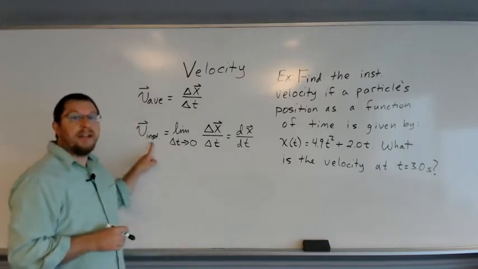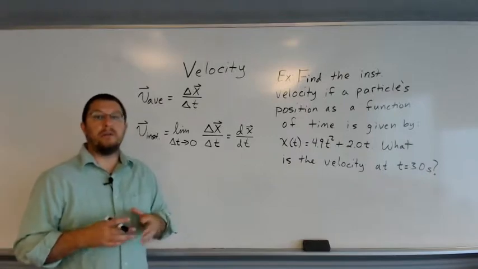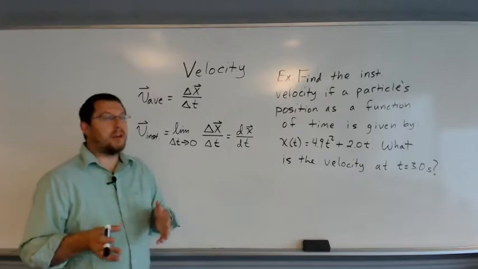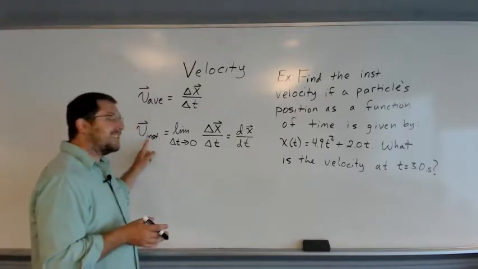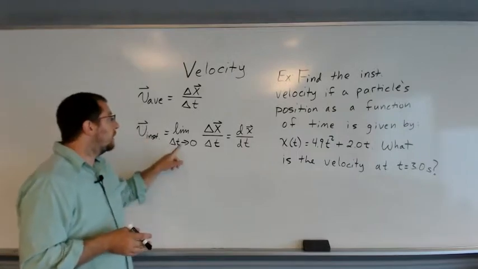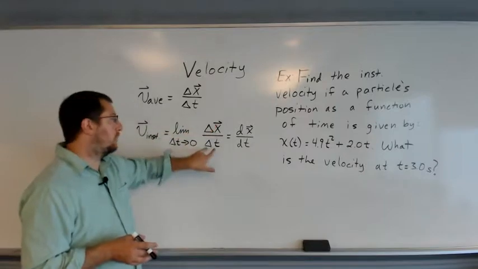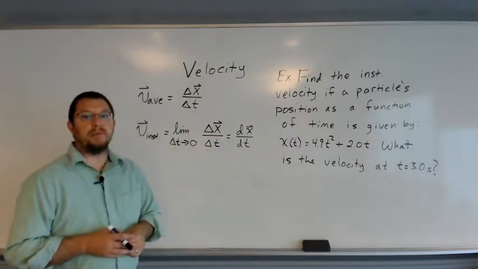However, your instantaneous velocity, the velocity that, say, a radar gun used by police officers measures for cars on the highway, is the change in position with respect to your time interval in the limit that the time interval goes to 0.